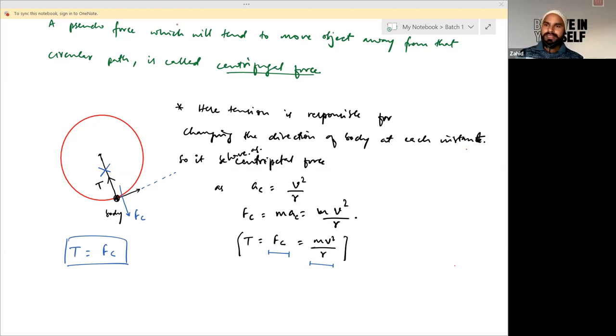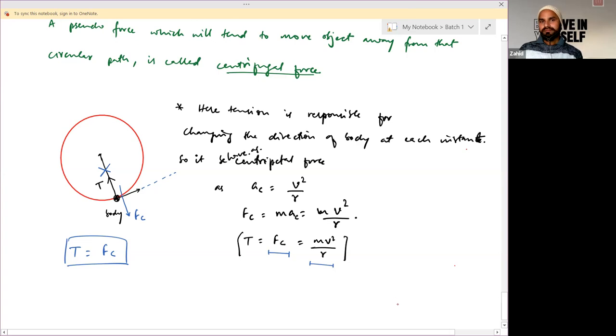Do you have any doubt in this concept about centripetal force and centrifugal force and how to use it? Khalid? Sir, will the formula of both of them be the same?